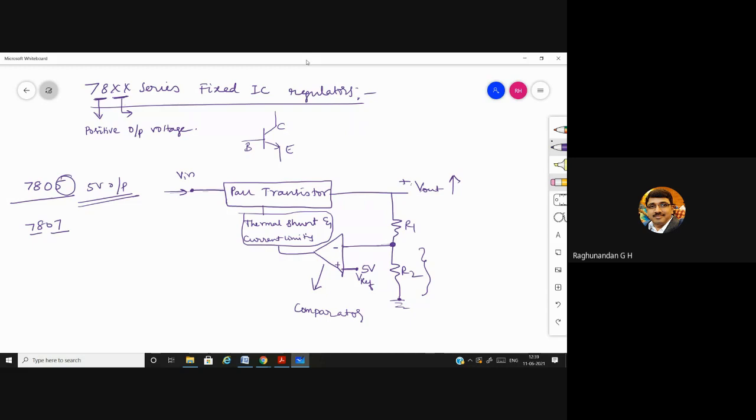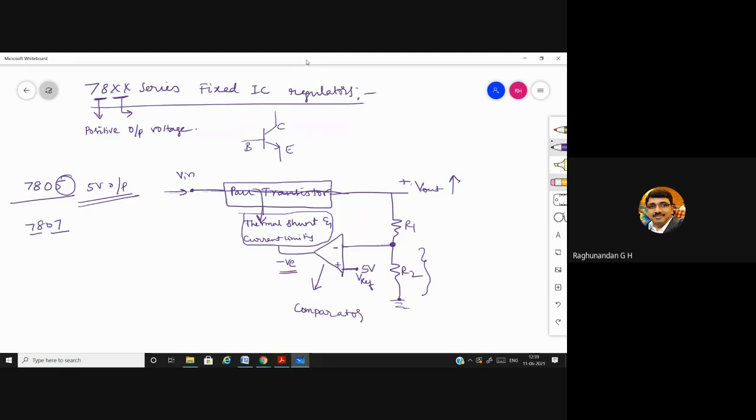If the negative terminal voltage is greater than the positive terminal voltage, then it is going to give a negative output signal. A negative signal indicates that the current being passed through the transistor has to be limited. So during that time, the current which was flowing through this transistor to the output side will be driven by this circuit.